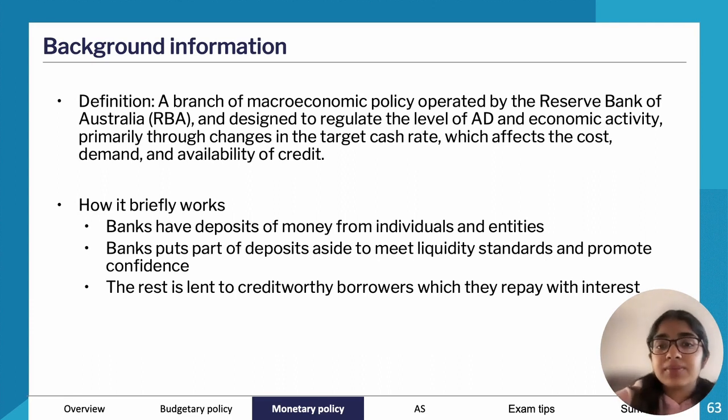So it's like, I have all this money aside, it's safe, you can be confident. The rest of that money is given to credit-worthy borrowers, and they repay that money with interest. So the money that you put in your bank account is not actually just kept like that. It's actually given to others who want to borrow that money.